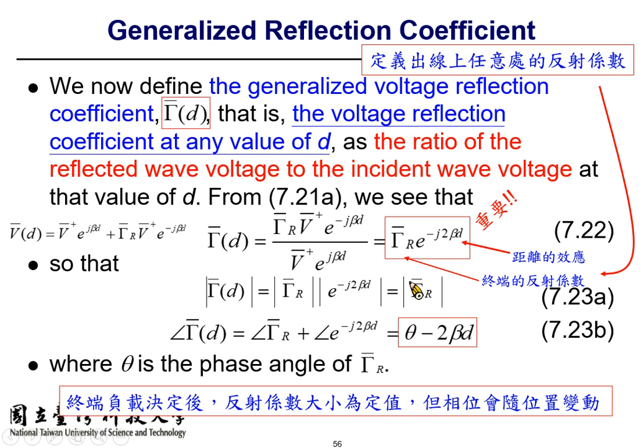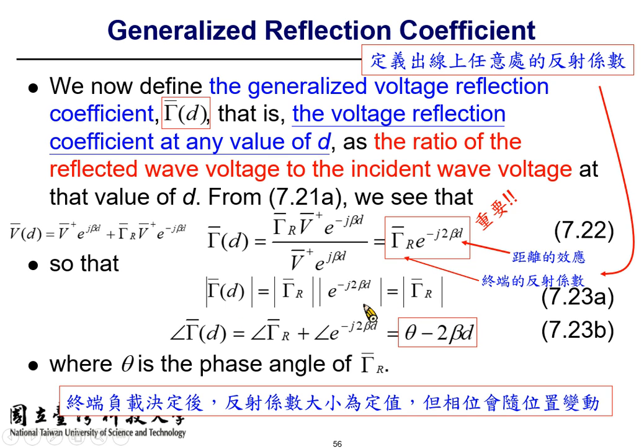That is, the transmission line is lossless. So there is no loss on the line for signals on the line. So the change only includes the change in phase, not in magnitude, because this is a lossless line.